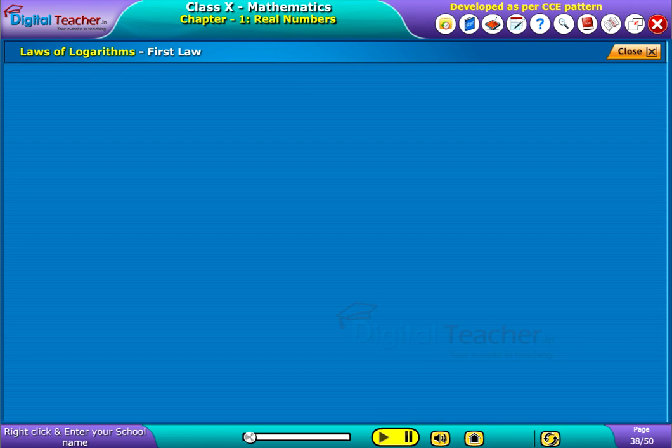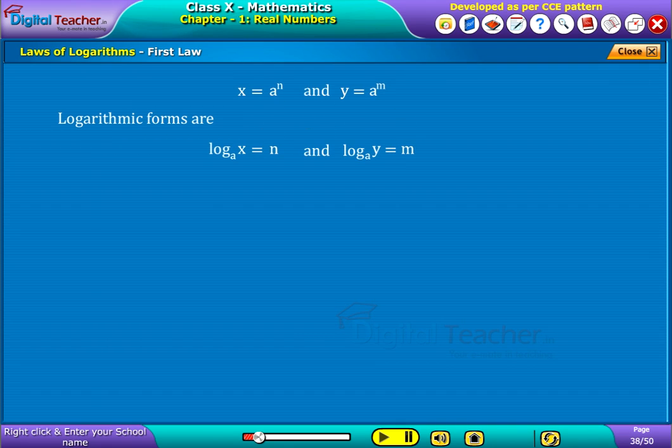The first law tells us how to add two logarithms together. Consider two exponents x is equal to a power n and y is equal to a power m. Their equivalent logarithms are log x to the base a equal to n and log y to the base a equal to m, which is represented as equations 1.